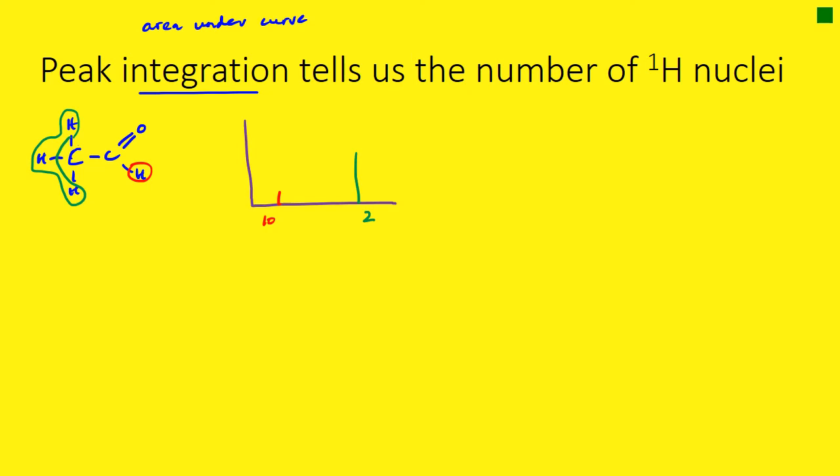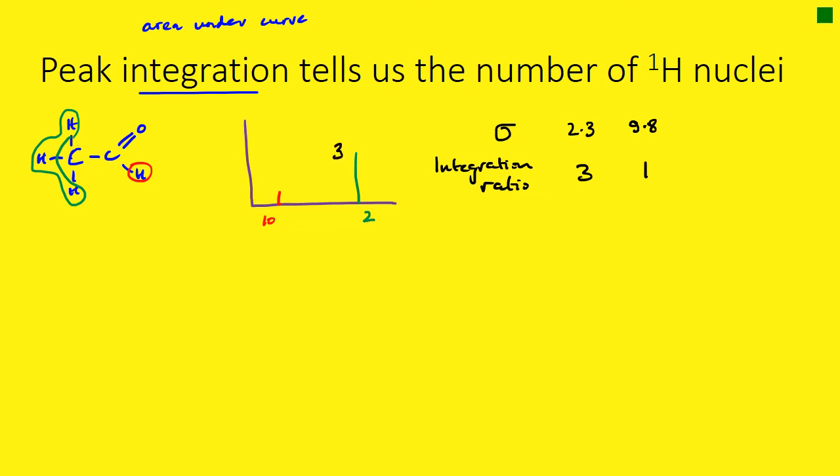And we could even have a table. Sometimes you might even be given a table instead of a graph. So the table might look something like this, where you'd have your chemical shift at 2.3 and 9.8, say, and then your integration ratio. Note that word ratio there, because we're not always given nice clean numbers. So we would have a 3 and a 1 there, and that corresponds to the height.